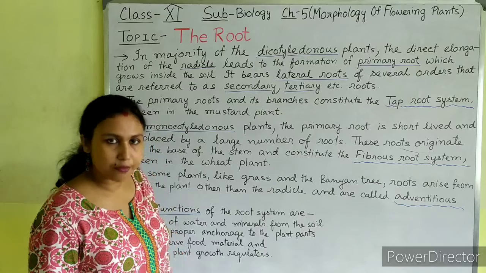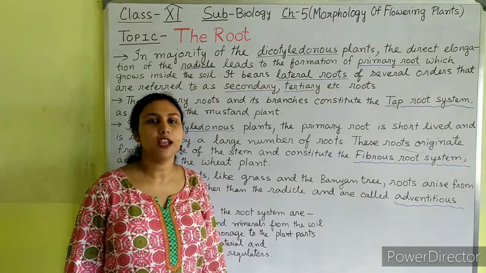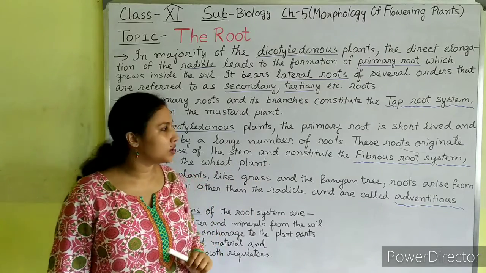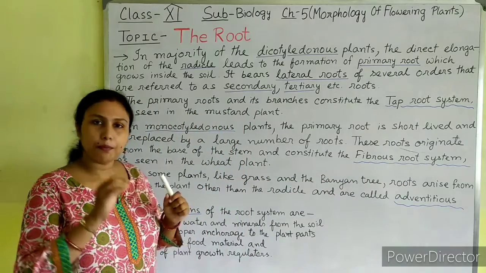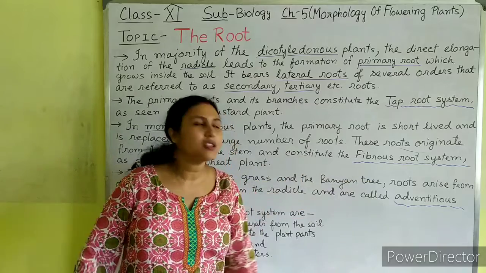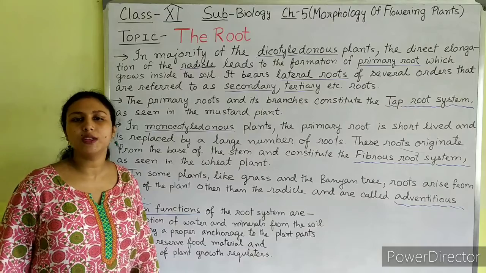So, in case of fibrous root system, the primary root is short-lived and is replaced by a large number of roots. These roots originate from the base of the stem and constitute the fibrous root system as seen in the wheat plant.